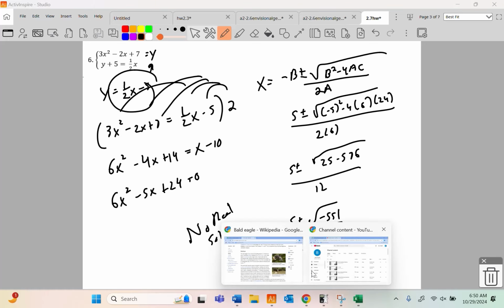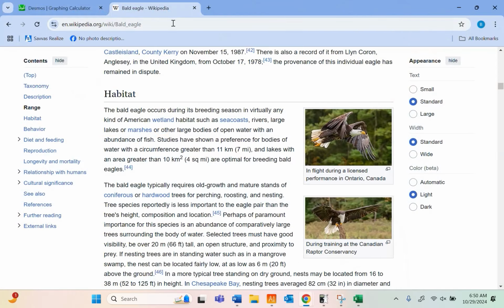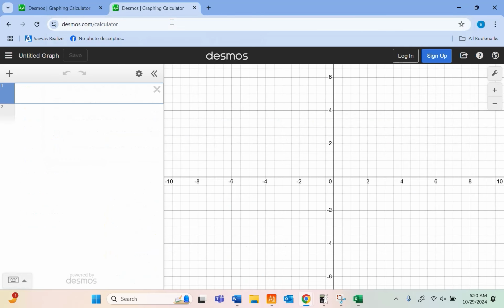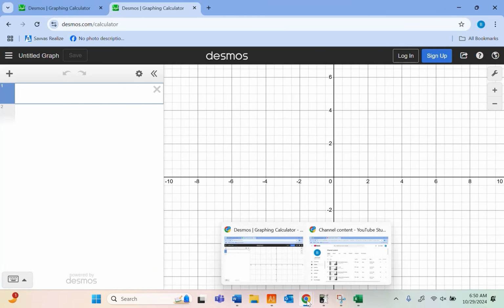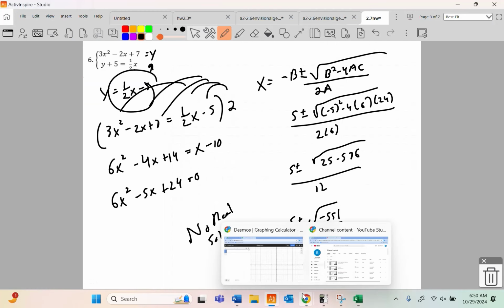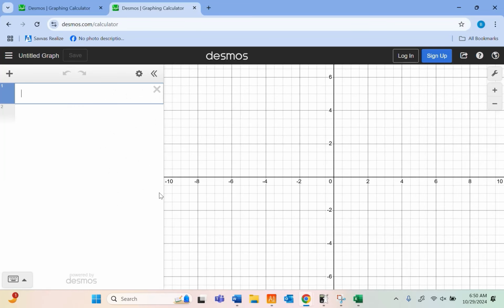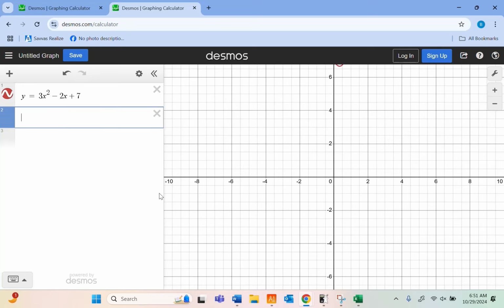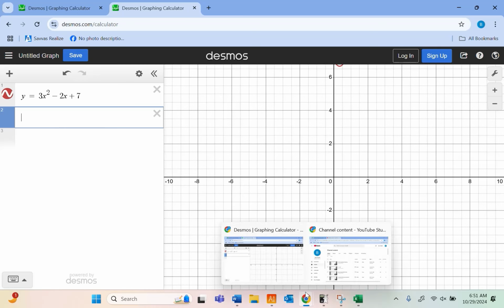Let's go ahead and see what Desmos says just to make sure I didn't make any mistakes here. Desmos is a good way to check your work. 3x squared minus 2x plus 7. You got to have the y equals. And get comfortable with Desmos.